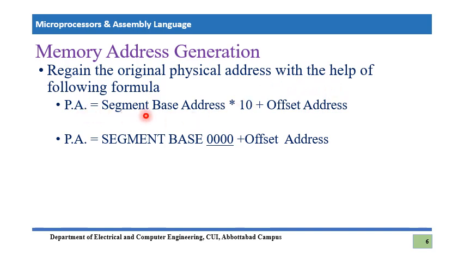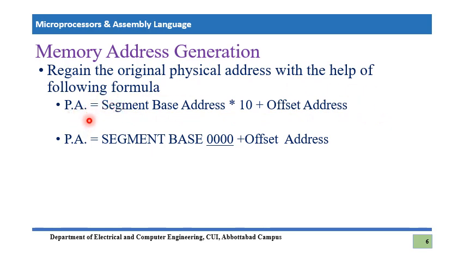So this is the formula. Whatever the segment base address, we multiply it by 10, and the result will be added to the offset part of the logical address. So we will get a physical address of 20 bits.